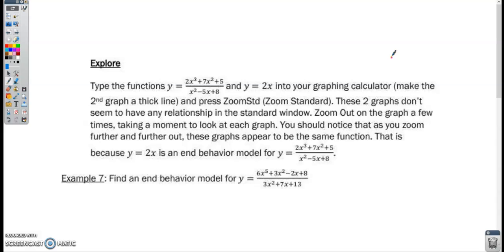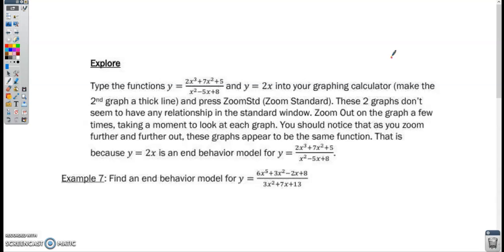And that teaches you a very important aspect of limits as x goes to infinity, namely, when you take the limit as x goes to infinity, only the biggest power of x in the numerator and the biggest power of x in the denominator carry any power.